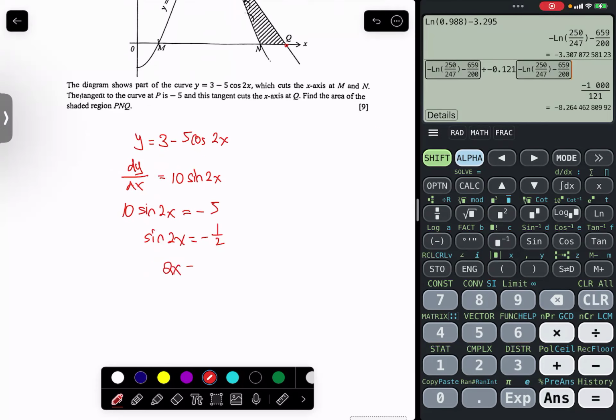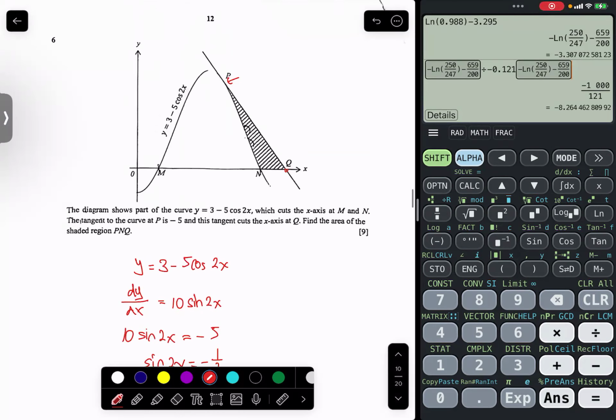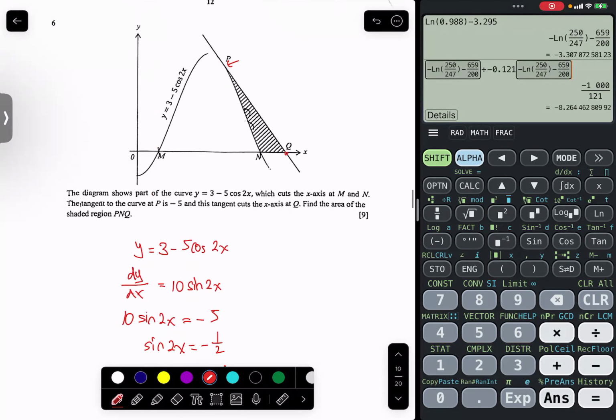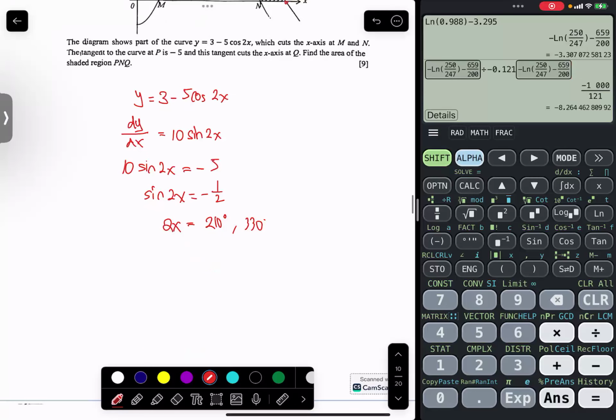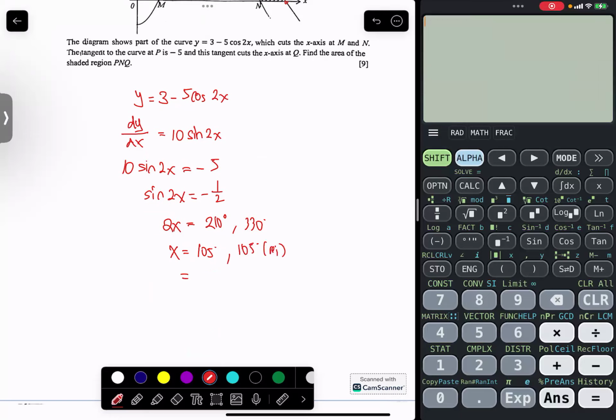So 2x equals 30, 150, 210 degrees, or 330 degrees. Since it's the first occurrence, this is going to be 210 degrees, so x equals 105 degrees or 165 degrees, which is not the case. And 105 degrees is 7 pi over 12.